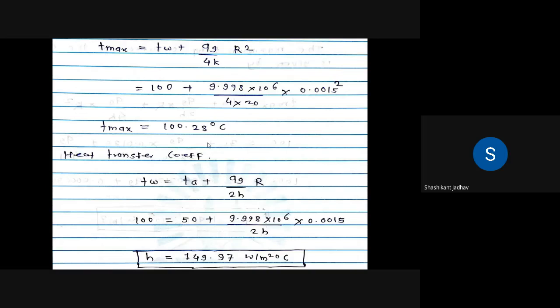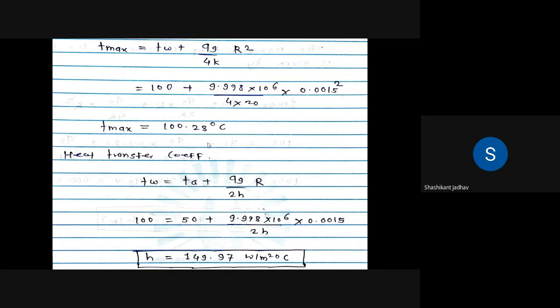Okay. Next, we have to calculate the value of h. Already I have discussed which formula I have to use. Tw is given, Ta is given. So I have to use the formula of temperature of outer surface. Tw is equal to Ta plus qg by 2h into R. We know the value of Tw, we know the value of Ta, we have calculated the value of qg, R is given, only unknown is h.